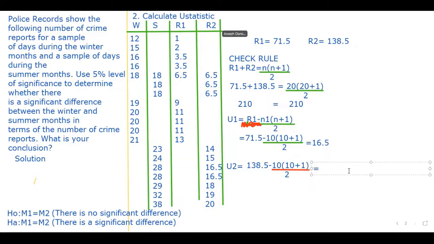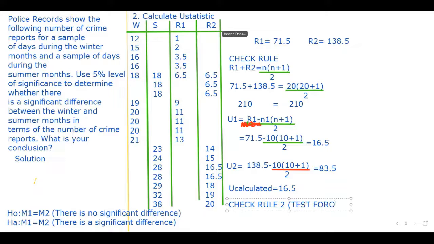What's the figure? 83.5. Okay. So what will be the U calculated? You choose the minimum one, and that one will be 16.5. And you test for U. How do we test?